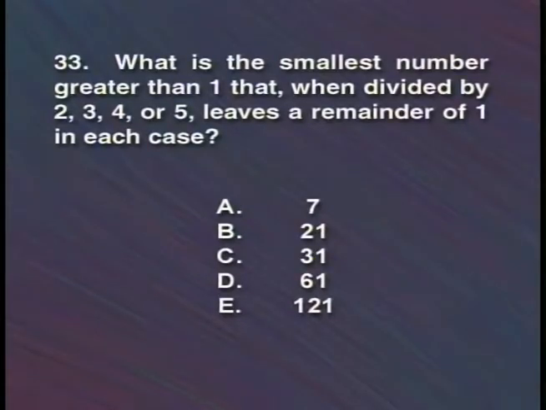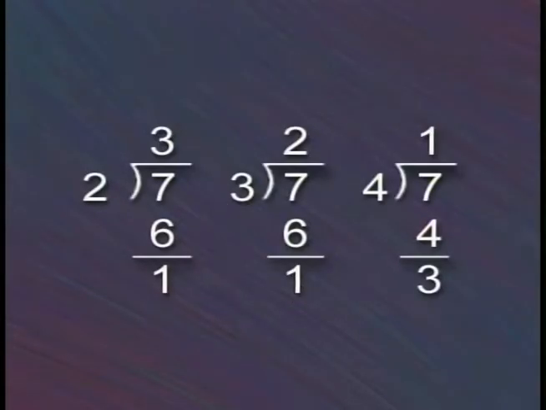For instance, let's divide answer option A, 7, by 2. 2 divides into 7 3 times with 1 as a remainder. If we divide 7 by 3, we also have 1 as a remainder. But 7 divided by 4 leaves a remainder of 3. So option A doesn't work. Let's continue this process with the other options.